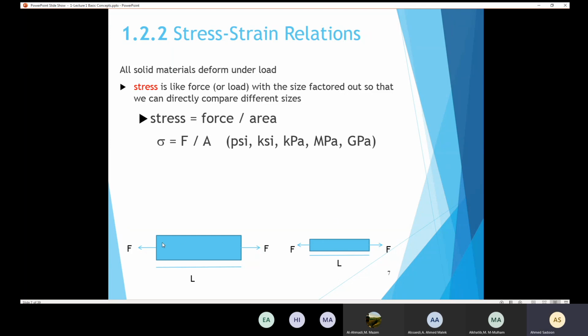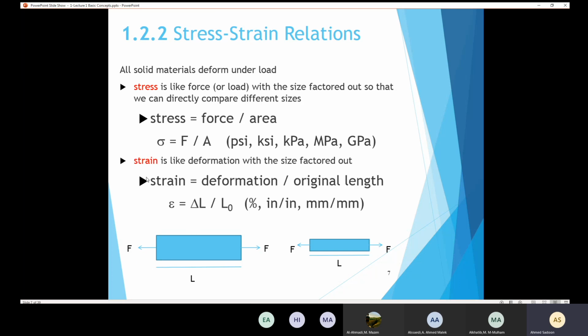Similarly, when I apply a force, I'm going to have deformation, delta L. Of course, if the length here is more than the length there, the deformation here is going to be more than that one. So I cannot define the material by the deformation. I need to introduce another term, which is the strain. The strain is like deformation, but with the size factored out by dividing by the original length.